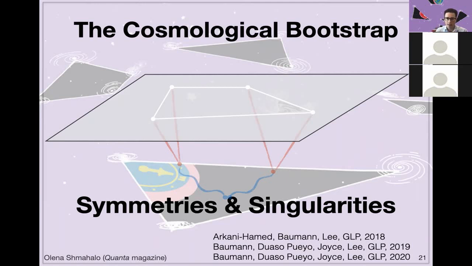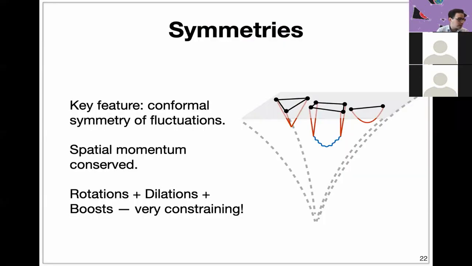And I will prove that in inflation we can do the exact same thing. It's the first success story that we've had in this bootstrap program. So first of all, in inflation, we're going to assume maximal symmetry, at least for this first part.